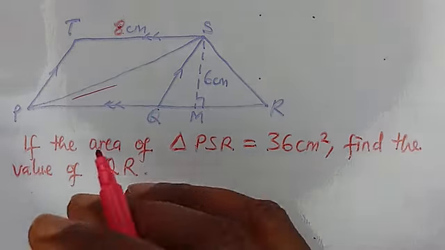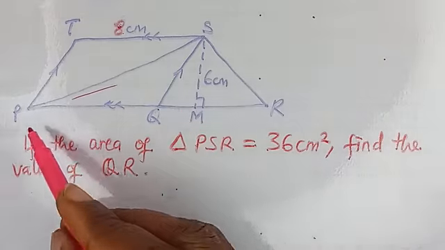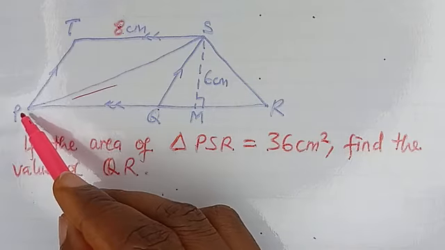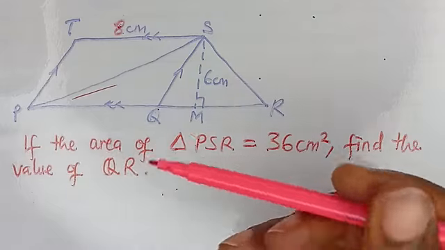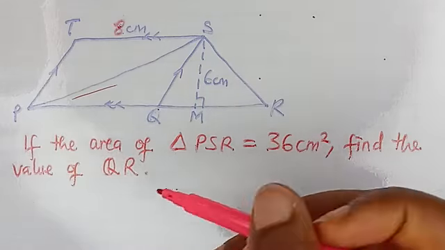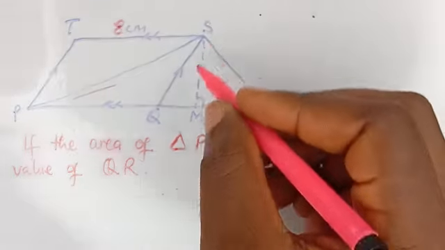Okay, so let's look at it from what we know. We've been given the whole area of triangle PSR. Remember that the area of a triangle is equal to half base times height.